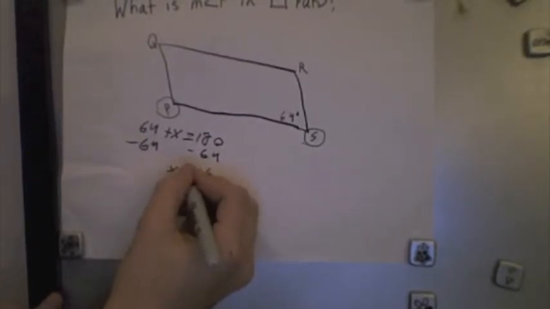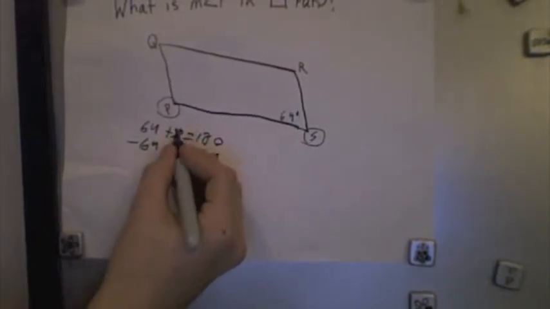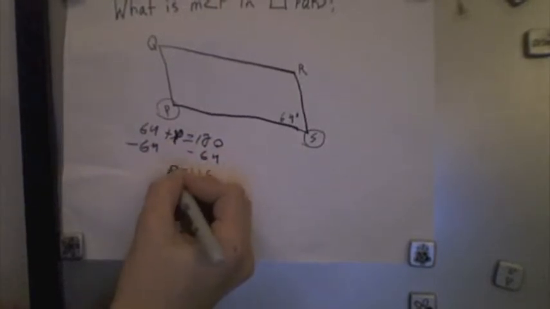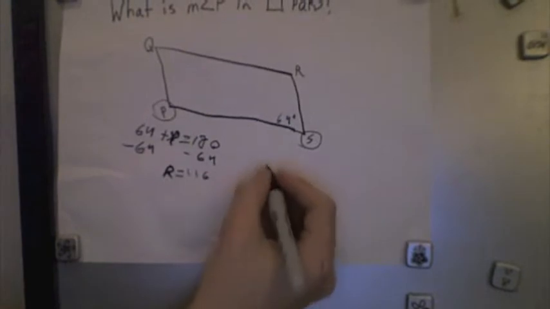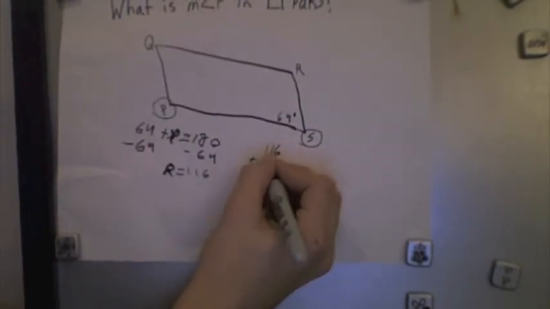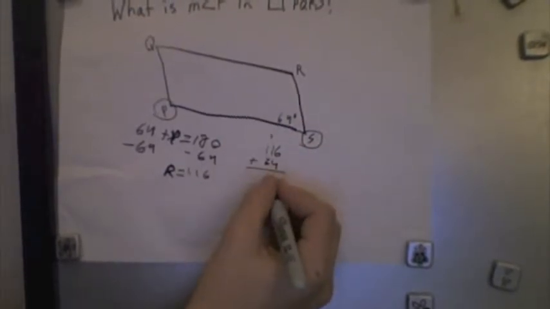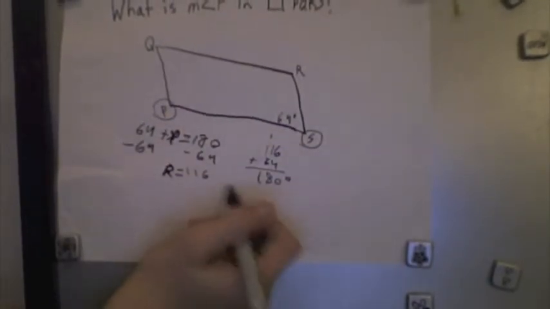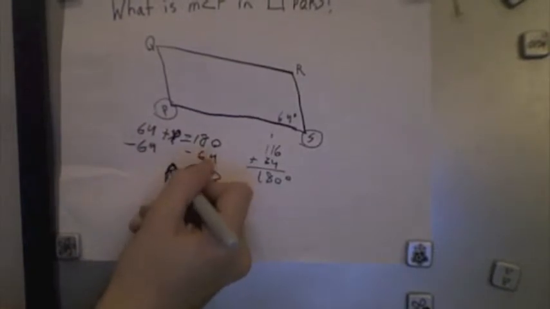So x equals 116 degrees, or not x, P equals 116 degrees. To check, add 116 plus 64: that's 180 degrees. So angle P is equal to 116 degrees.